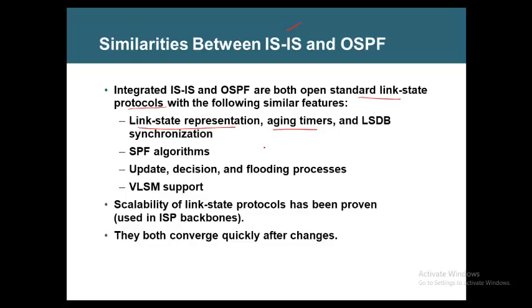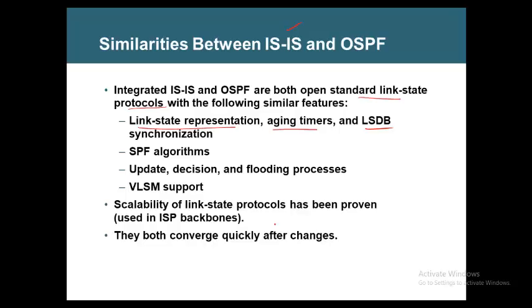Both have got LSDB, link state database. So within an area, all the routers will have similar LSDB, both in ISIS and OSPF. Both use SPF algorithm. Both send update.